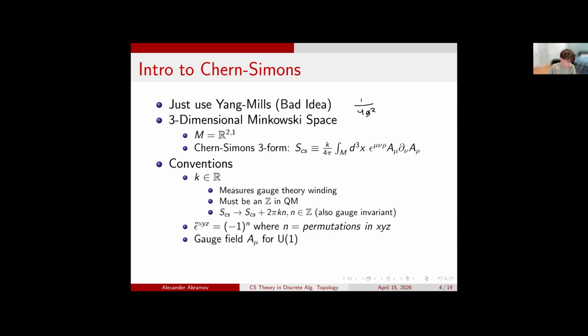And then finally, we have a gauge field A mu for U(1), so we're working in U(1) for the time being. Also here, in my notes, I finished the integral for our Yang-Mills action, just so I can show some things that might pop up with that.